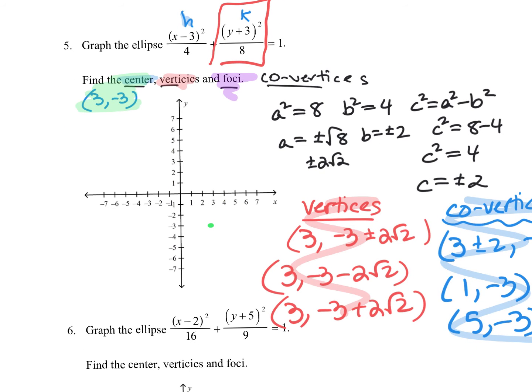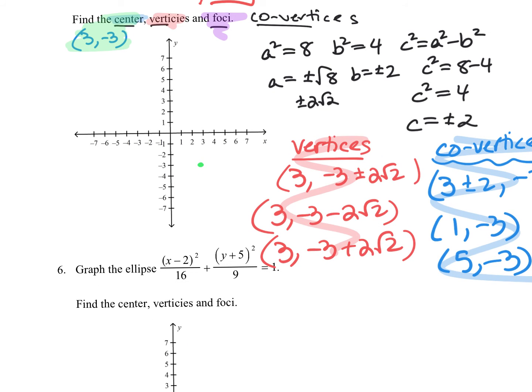I have a vertex now. Again, I can approximate 2 square root 2, which is approximately 2.8. So when I go to graph this, I'm doing negative 3 minus 2.8, which will end up being 3 comma negative 5.8. And then here we're going to add: negative 3 plus 2.8, sorry, so that's going to give me negative 0.2.